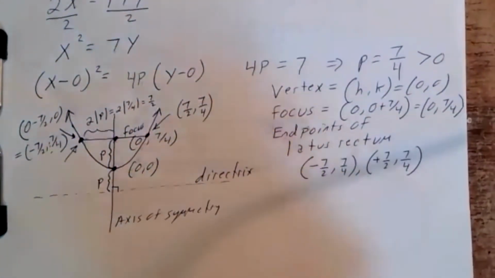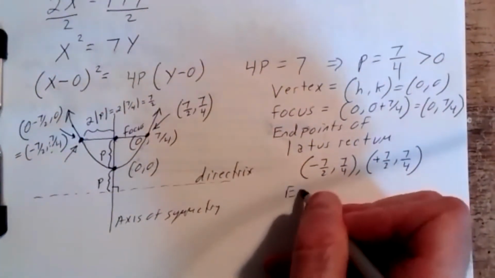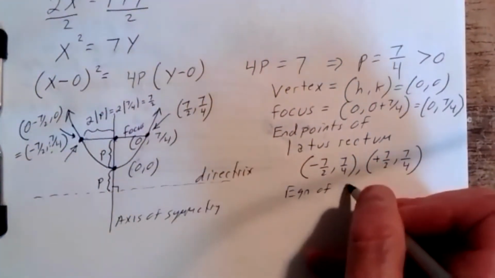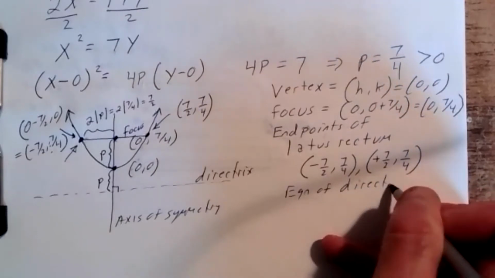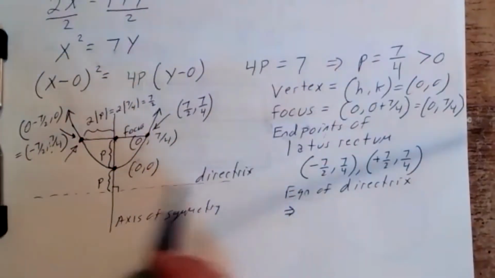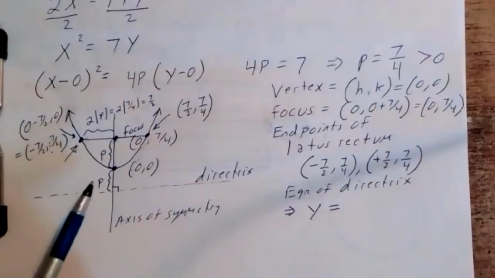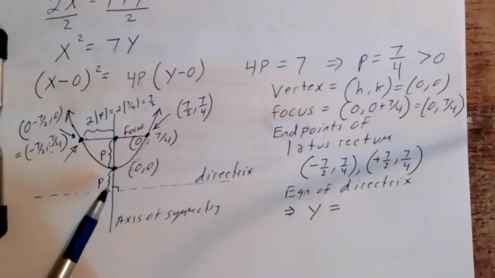All right, that's that. What else do they want? The equation of the directrix. Since the directrix is a horizontal line, it's going to be y equal to what? To move from the vertex to the directrix, what coordinate has to change, the x or the y?